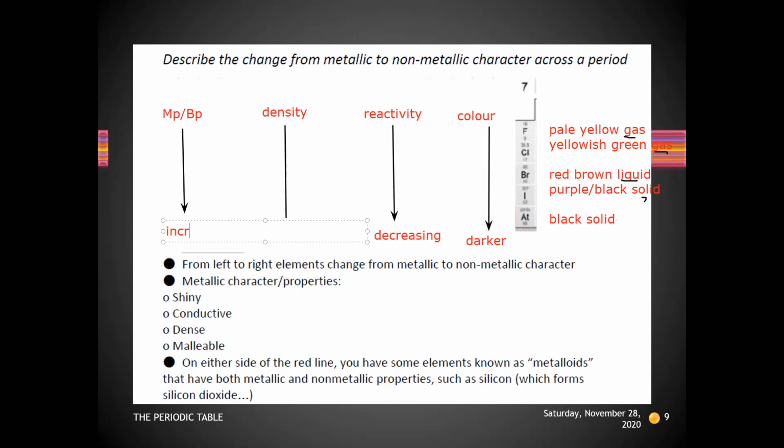So these are the periodic trends which you have to learn or memorize: the colors, the states, reactivity, density, and trend in the melting point.